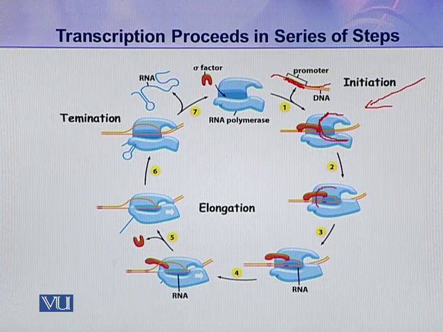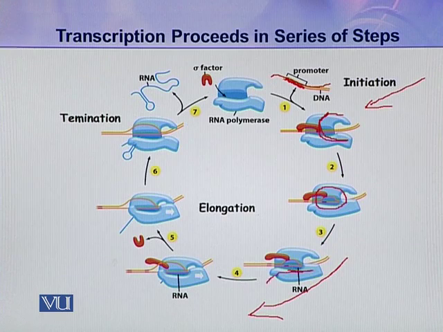Here you can see a small transcription bubble, and then in initiation, the synthesis starts. Then it goes to the elongation phase. This is the synthesis of new RNA. This is the RNA strand. So here you can see the elongation of RNA. The RNA molecule is elongated.